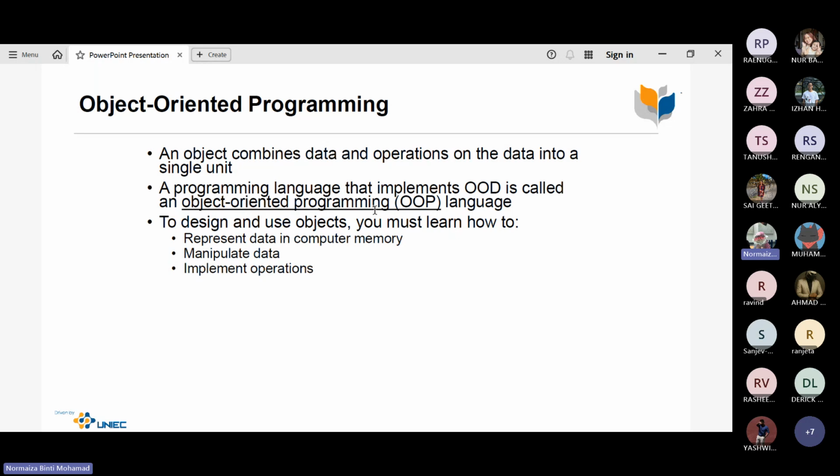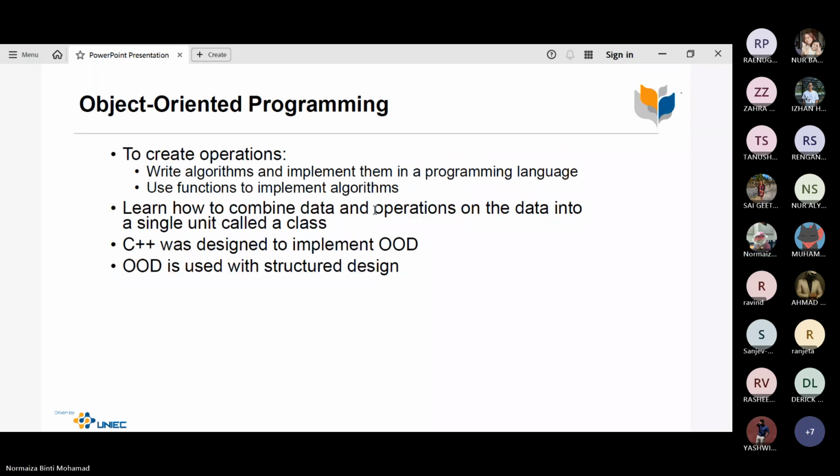To design and use objects, you must learn how to represent data in computer memory, manipulate the data, and implement operations. The key to creating operations is that you must write an algorithm and implement it in the programming language.